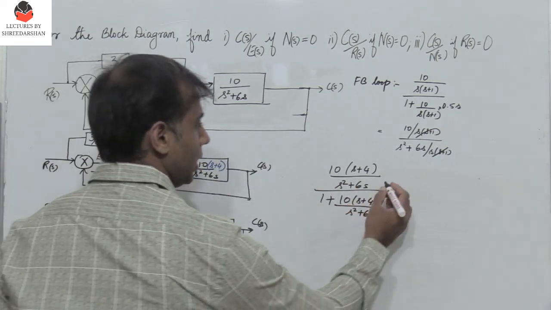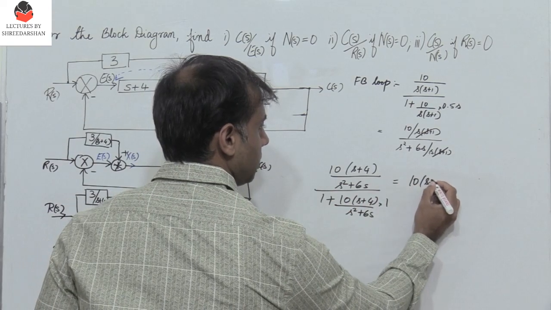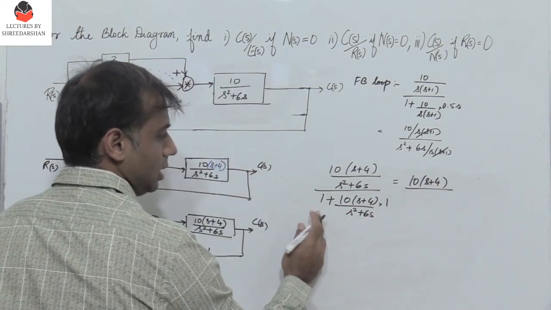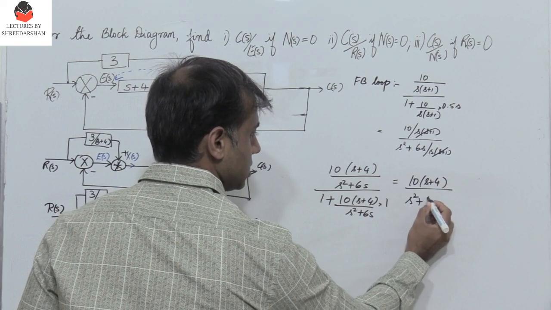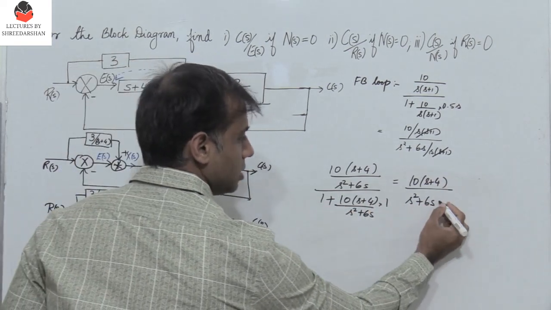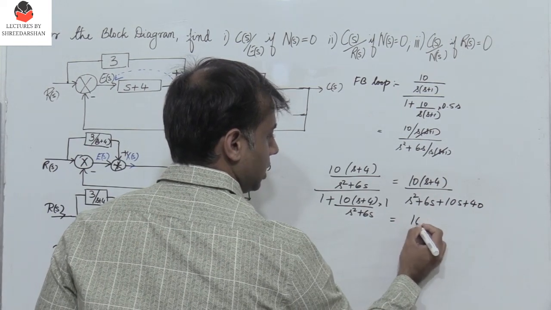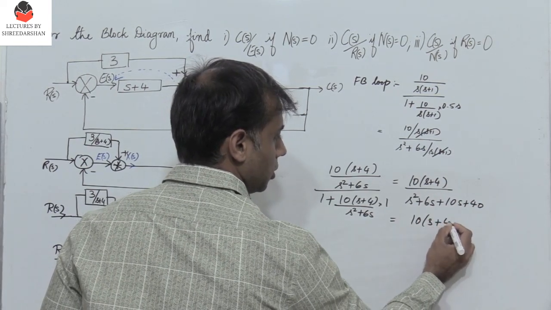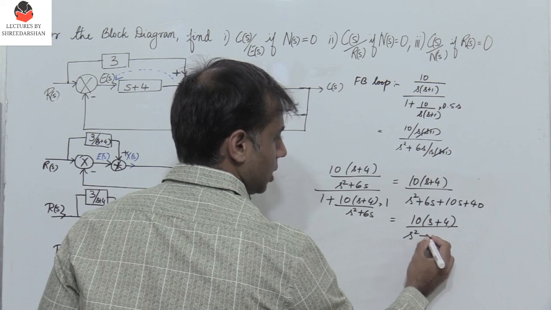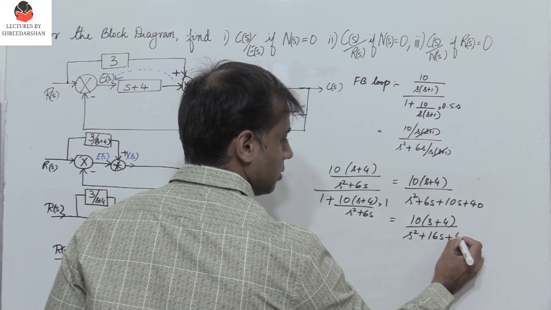So finally what do I get? I get 10(s+4). If I take the LCM here, I get s²+6s. I multiply this, I get plus 10s plus 40. So we end up getting 10(s+4) divided by s²+16s+40.